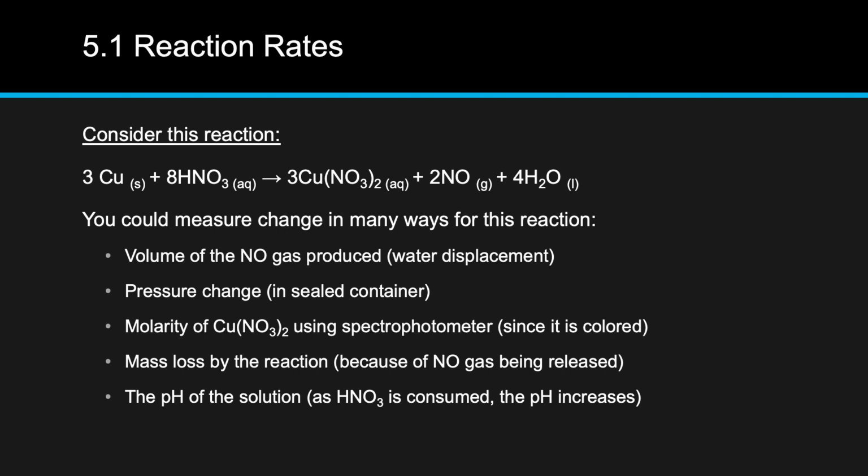And then you could also look at the loss of mass, because NO2 is a gas, so if you're measuring your reactants and then measuring your products, it will decrease since that NO2 was released. And then also you could look at the pH of the solution, because nitric acid is an acid. As it converts into something else, you're going to have an increase of pH because you are losing some acidity in that reaction.